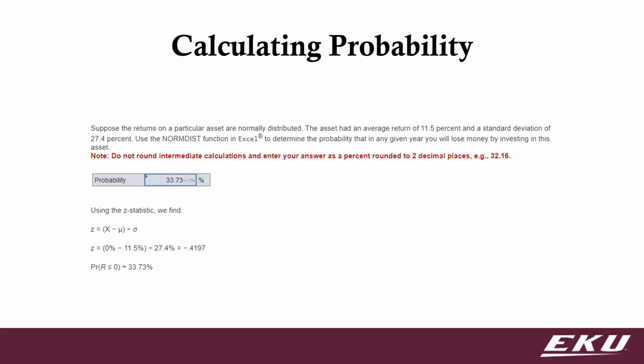It's minus 0.4197. And so if you look at the probability of the Z of minus 0.4197, that's about a 33% probability. So about a 1 in 3 chance that you lose money given this average return and this much noise around that.